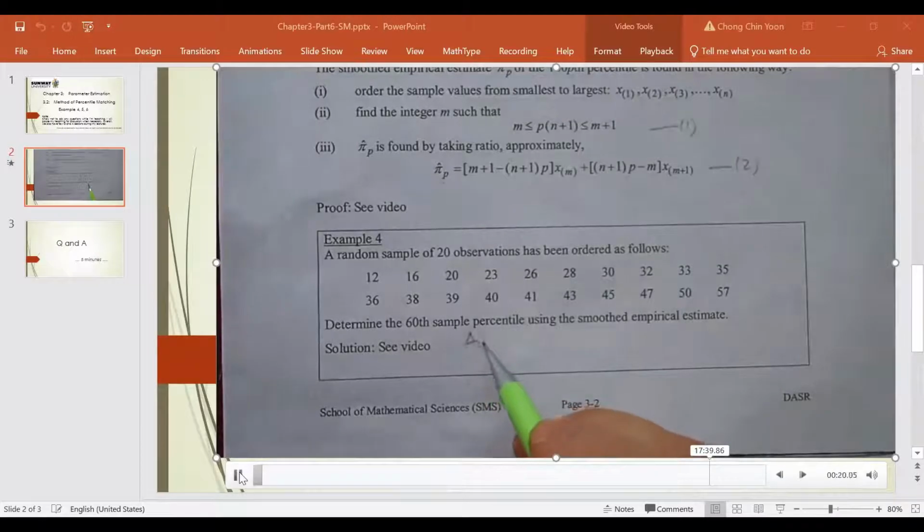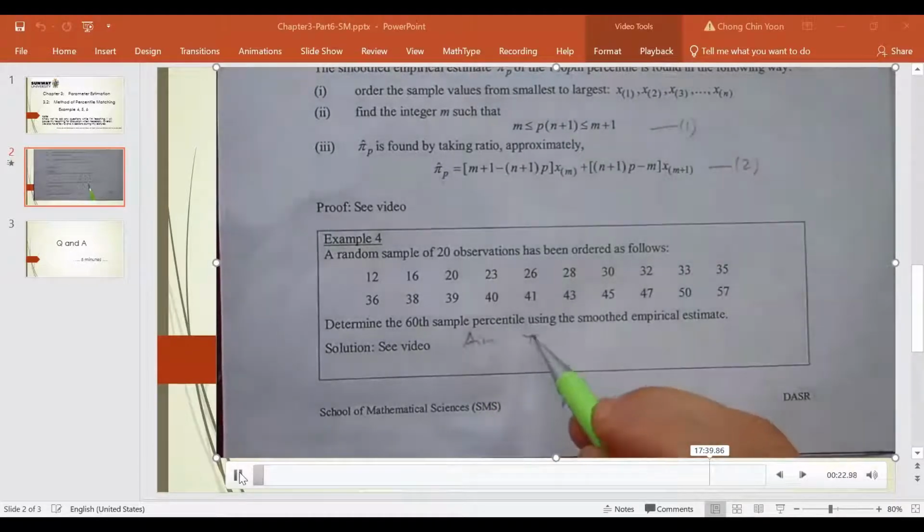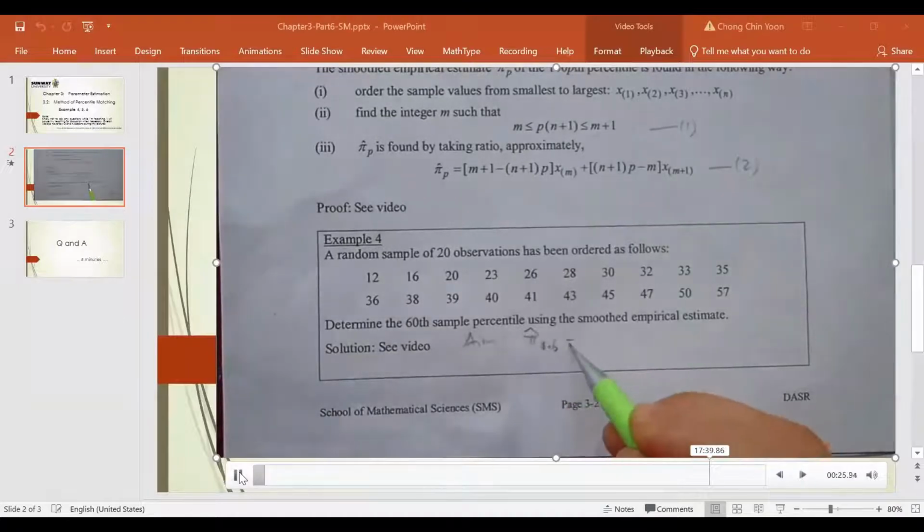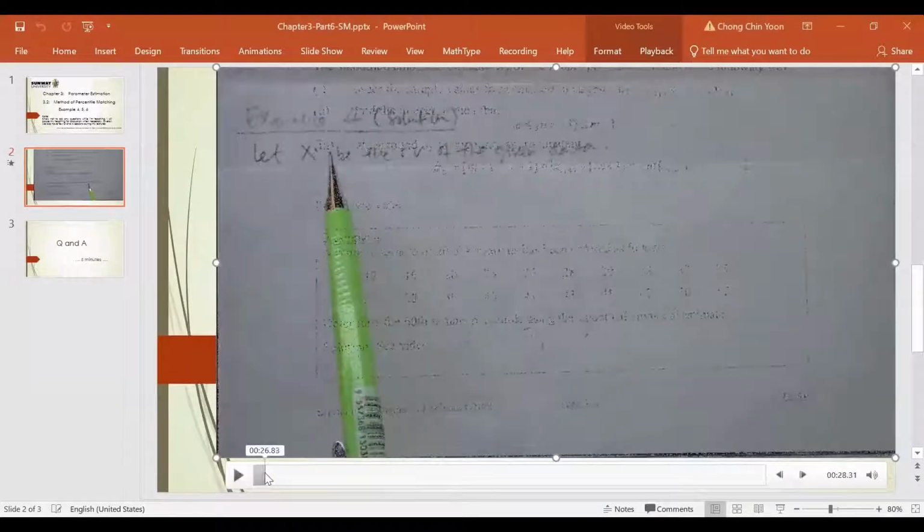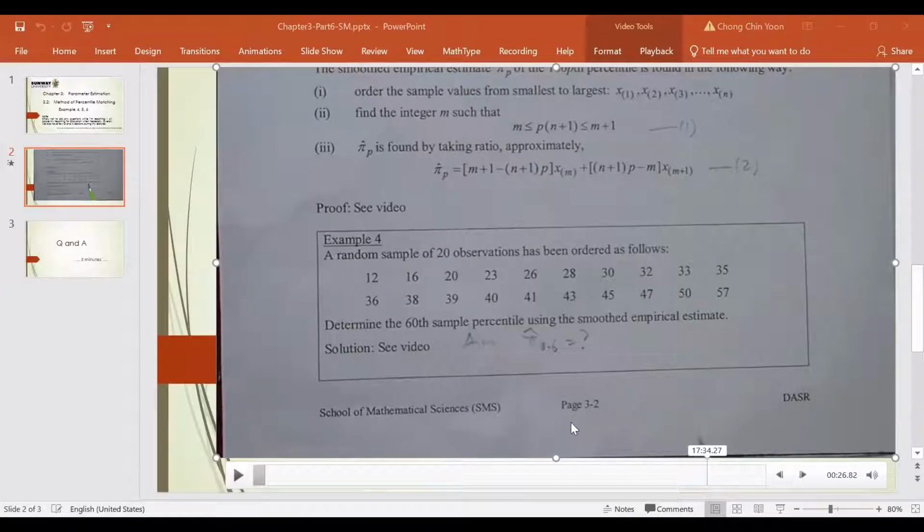So our aim is to find the estimate of this pi 0.6. In this question, we do not estimate the parameters. We just want to calculate this observation pi at 0.6, or we say the x value, for the 60th sample percentile.